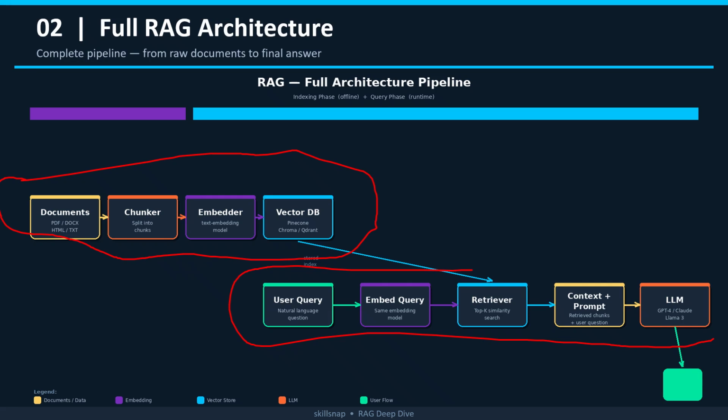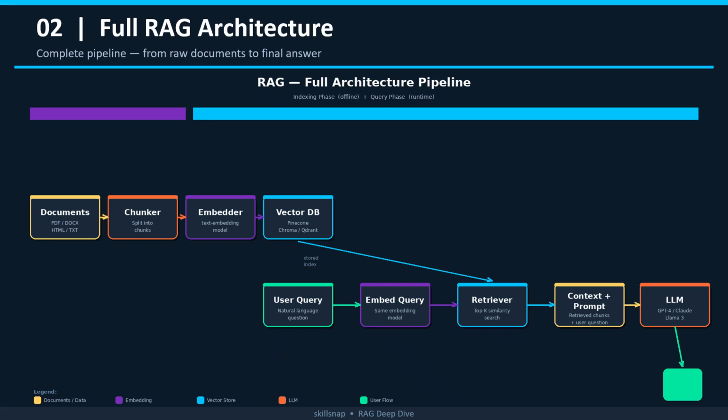What happens in the indexing phase is, firstly, in the document stage, you upload different kinds of documents.